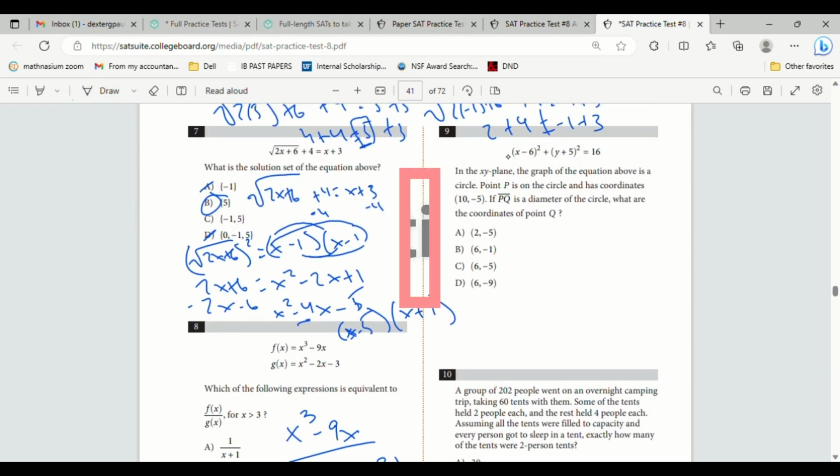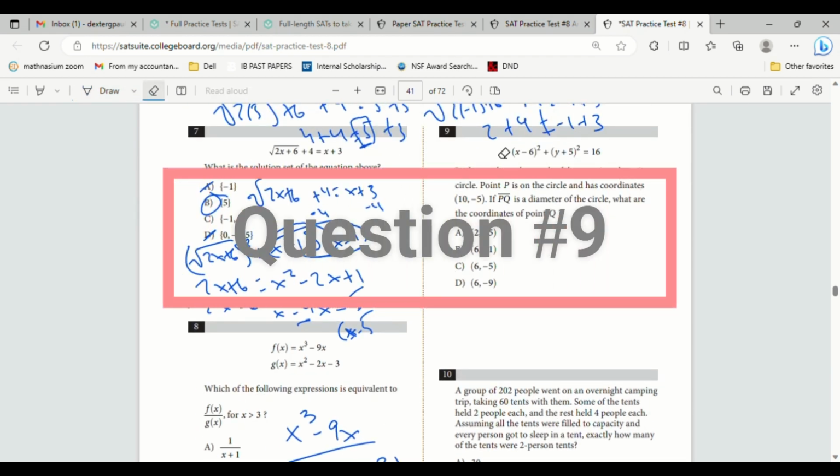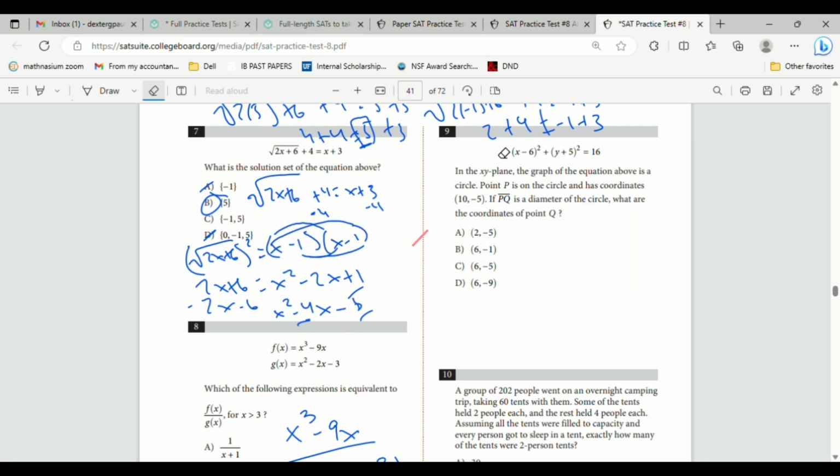Number 9. In the xy plane, the graph of the equation above is a circle. Point P is on the circle and has coordinates 10, negative 5. If PQ is a diameter of the circle, what are the coordinates of point Q? So we can draw our circle. And then two things we know just from the equation of the circle up here is the center and the radius.